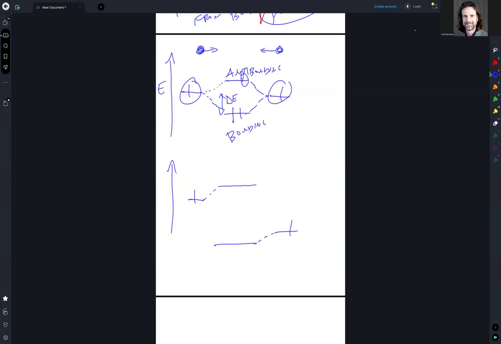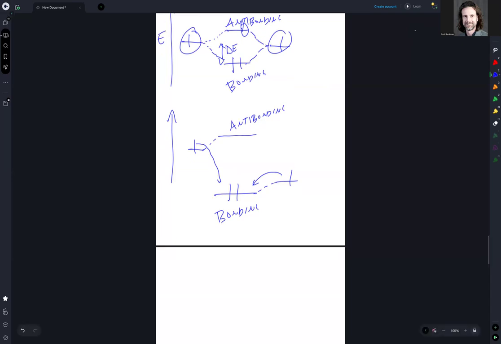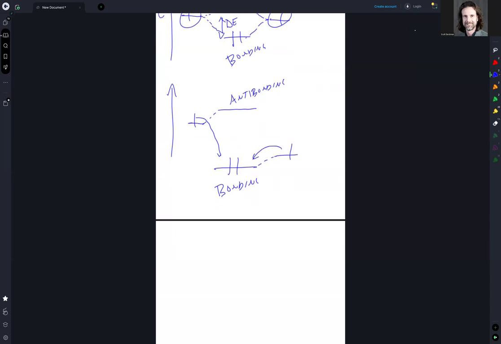The electrons will still occupy this lowest state, bonding and anti-bonding. But if you work out the shape of the wave functions in the orbitals, you'll find that the electrons tend to group toward the atom that has a greater electronegativity.